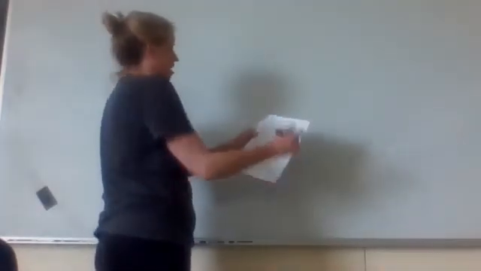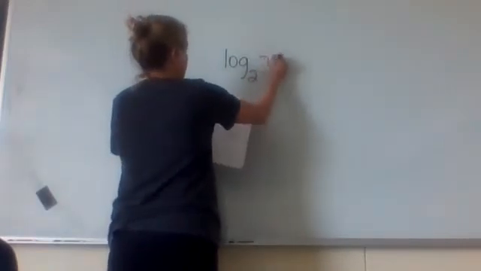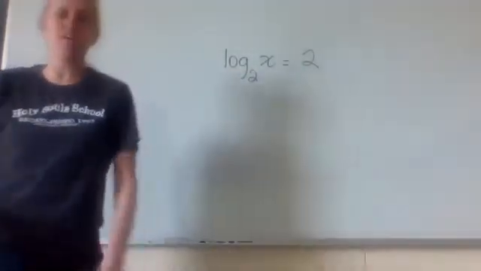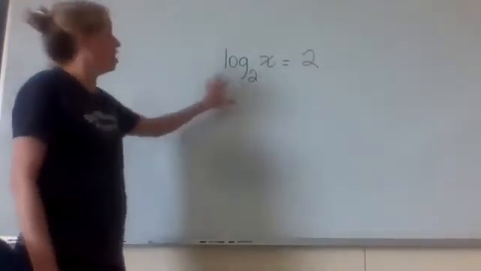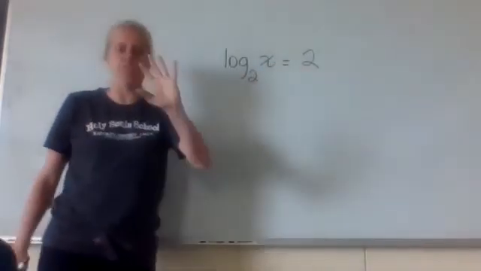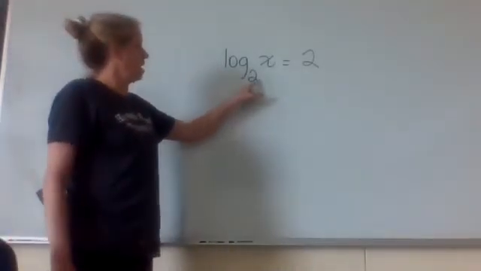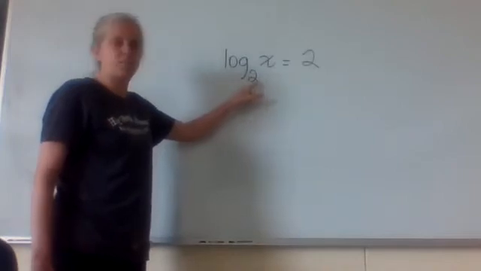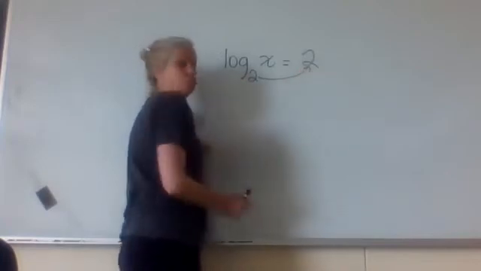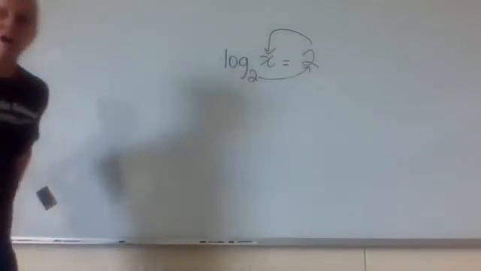Looking at number 10, we've got log base 2 of x equals 2. Anytime you're solving a log equation and you just have one log involved in the whole thing, you want to say, okay, I know that I can turn this into an exponential equation by doing the base to that power and making it equal to what you're taking the log of.